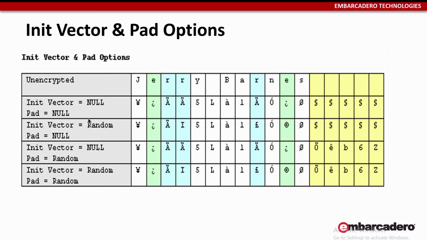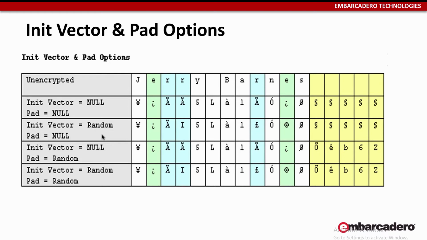So here we notice that everywhere there is an R, the encrypted value is the same letter A. Same thing where we have a letter E. The encrypted value is the same upside down question mark. And because pad is set to null, the padding is also all the same values, the letter S. And this gives us lots of clues about the data.